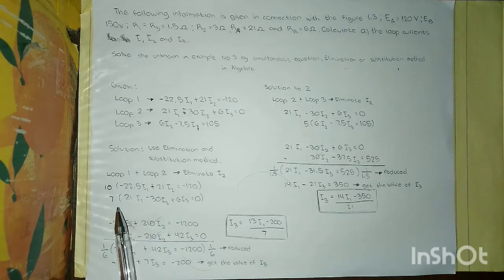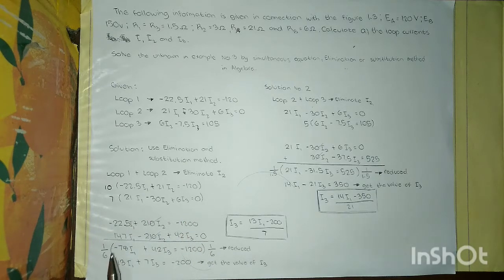And then in the equation of loop 2, 7 times 21 I1 is equal to 147 I1, and 7 times negative 30 I2 is equal to negative 210 I2, and 7 times positive 6 I3 is equal to 42 I3, and 7 times 0 is equal to 0.